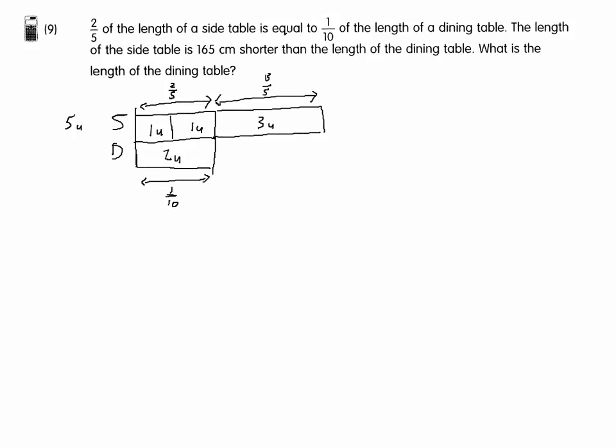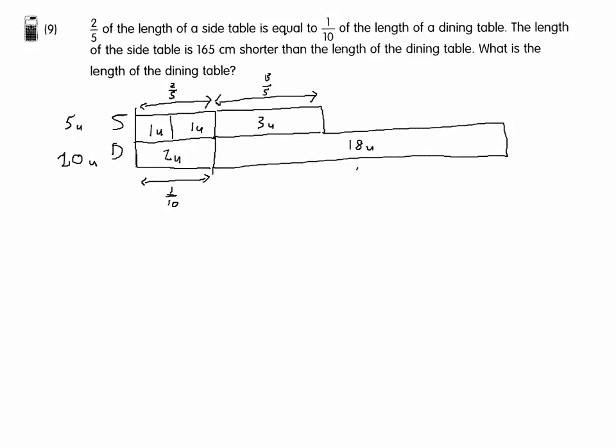To make it into one whole, Jing Kai, how many units is that? 20 units. I need to make it into 20 units, which means I need another 18 units, right? 18 units for 9/10.